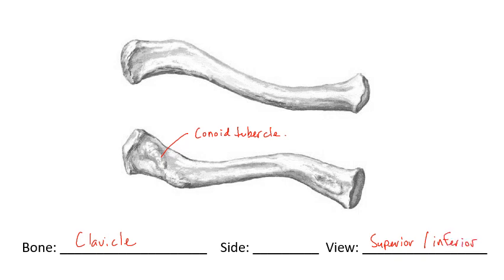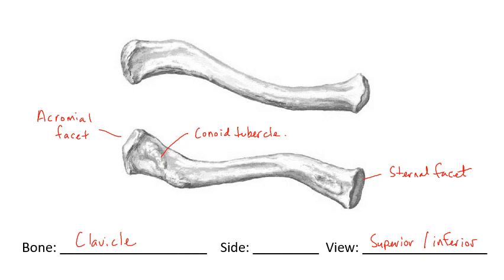The conoid tubercle, so if that's the conoid tubercle side, this is the acromial facet, and therefore this over here needs to be the sternal facet. Okay. And that's exactly what we're looking at.